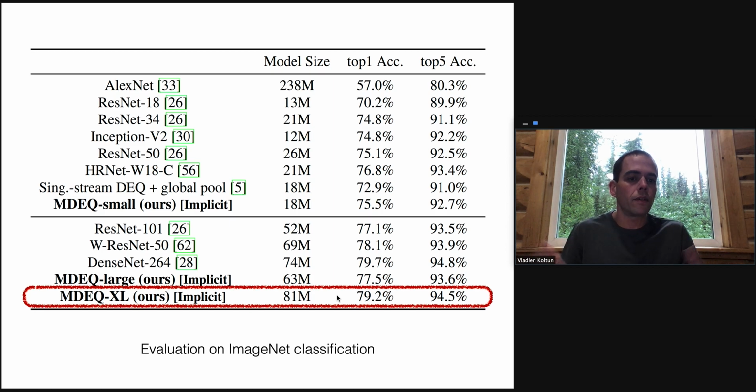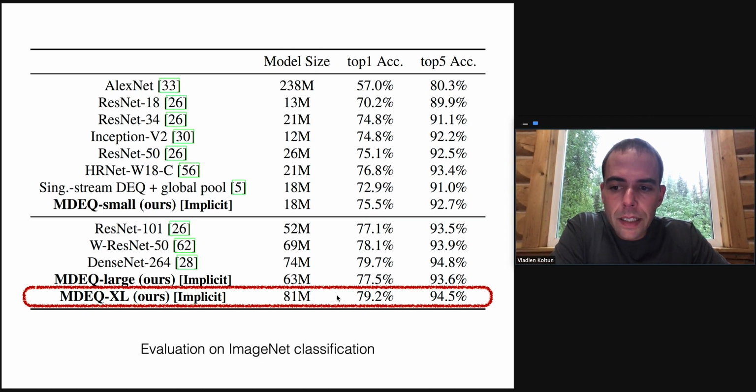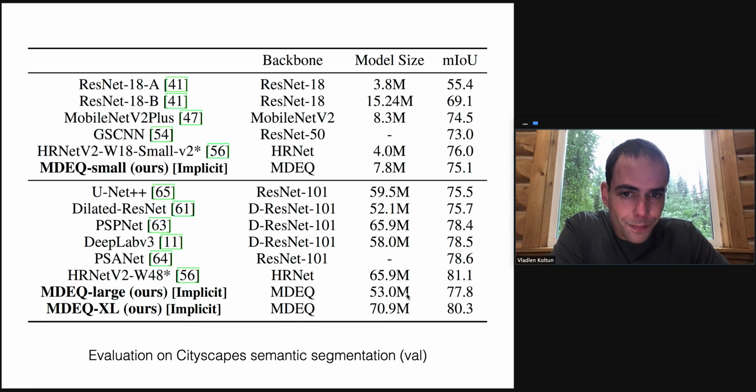The width of this layer, the number of channels in the layer, is just bigger. This Mdeck XL passes the 79% top 1 accuracy threshold on ImageNet. A remarkable performance for an implicit model that basically has only one layer.